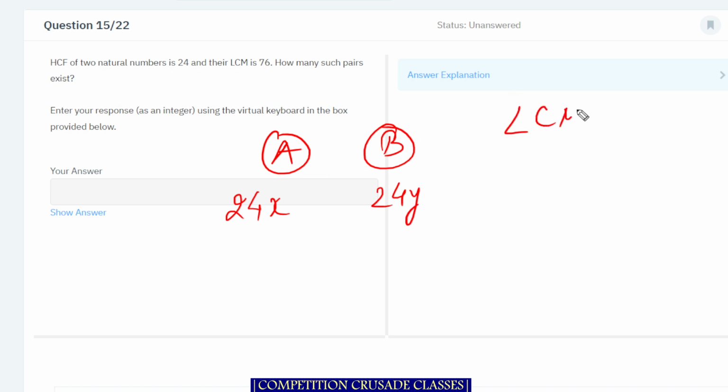If I ask you what is the LCM of these two numbers, you'll say 24 has to be common, x and y are co-prime, so we will multiply this also, and this is given as 76.